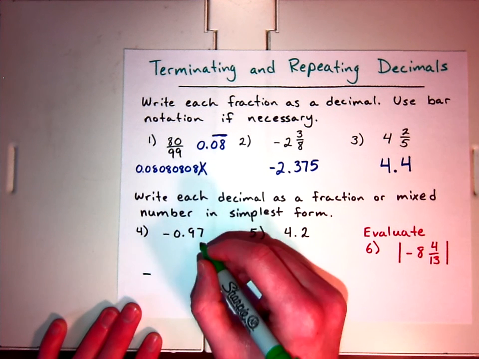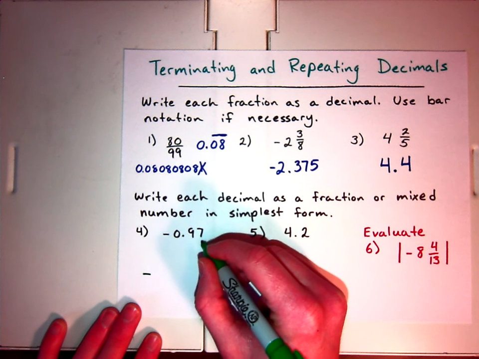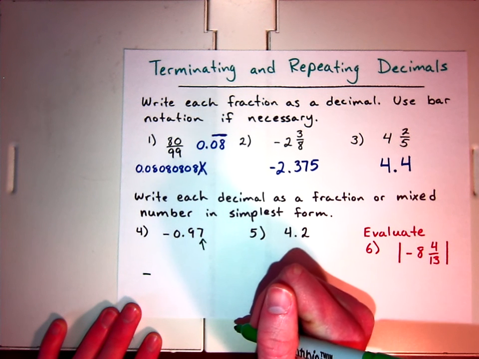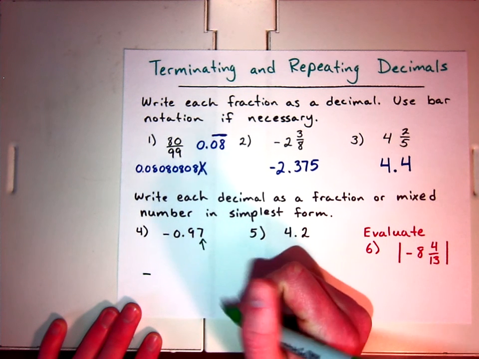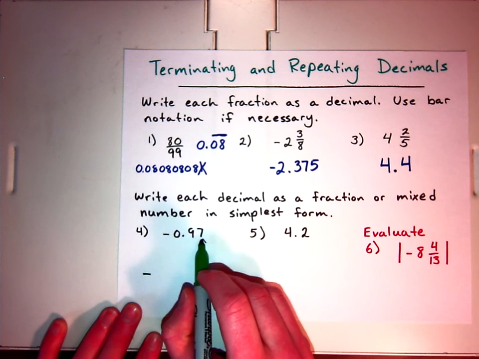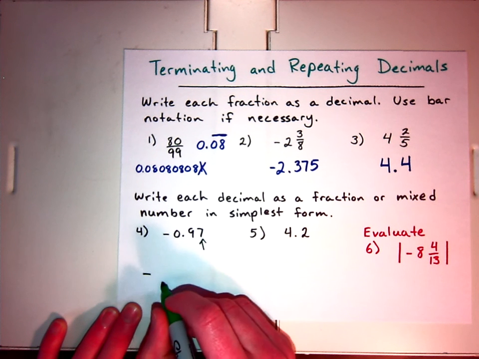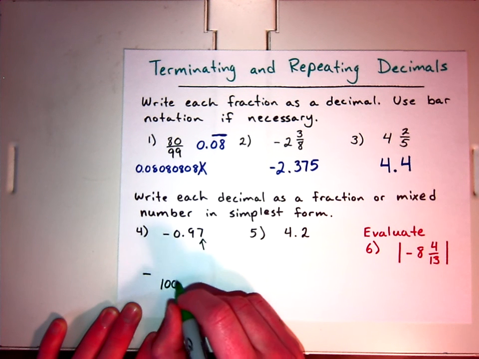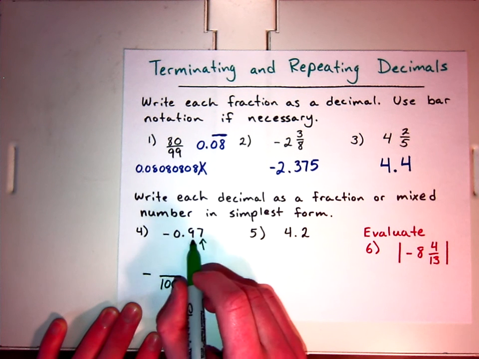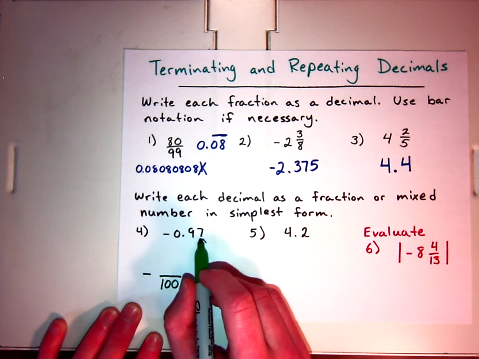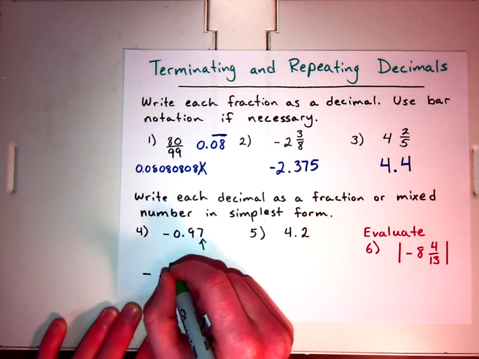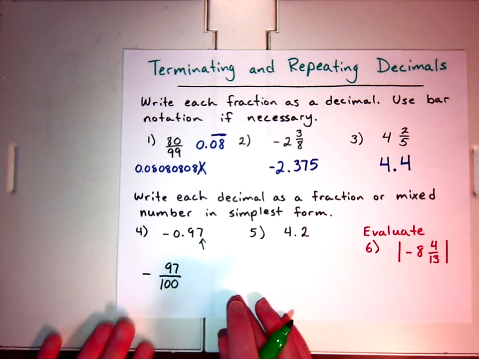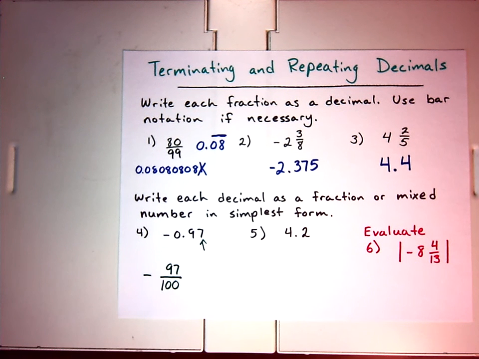The next thing I do is I look at the very far end and I say, okay, what is that place value? If this is the tenths, that's the hundredths, which means I put hundredths as my denominator, and then whatever value I have here. So this is 97. It's 97 over 100, and I need to look: is it in simplest form? Yes, it's in simplest form.